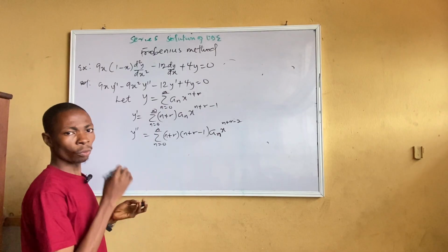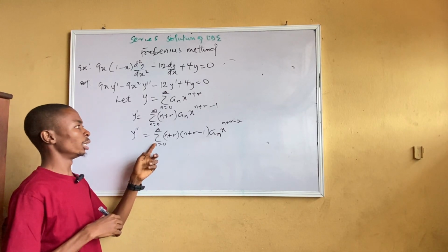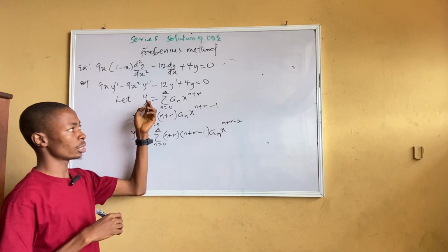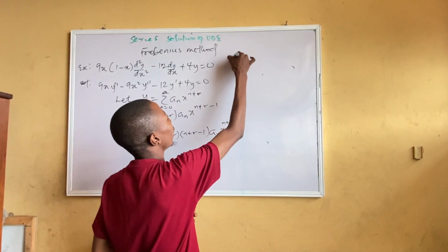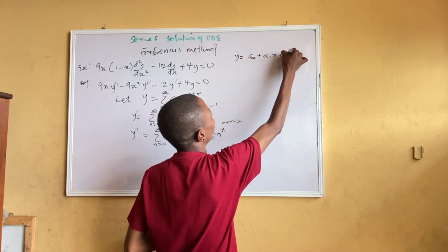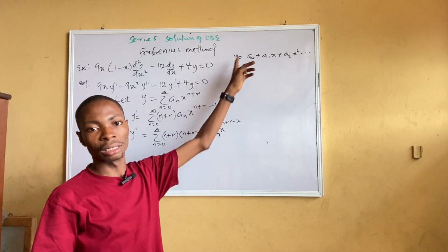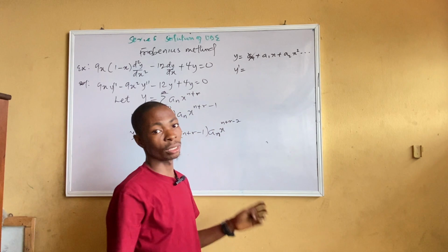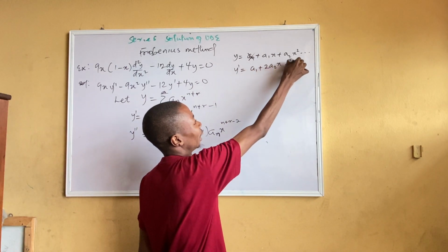Now, what do you observe? We observe that the limit of this sum is not changing. The limit is from 0 to infinity, 0 to infinity, 0 to infinity. Why? If I have a series y equals a naught plus a1 x plus a2 x squared, like that, and I differentiate with respect to x, a naught will be 0, since a naught is a constant, so we are going to have a1 plus 2a2 x, like that.